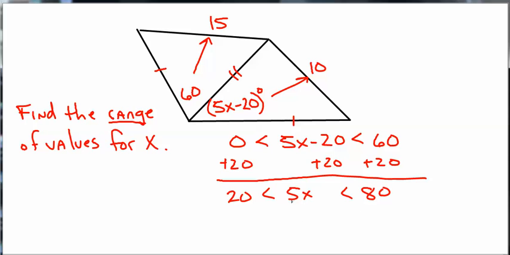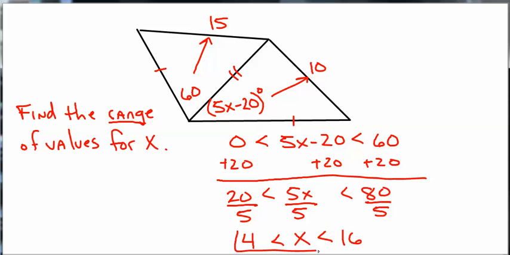You divide everything by 5. So 4 is less than x, which is less than 16. That's your range of values for x in this case. Greater than 4, less than 16.